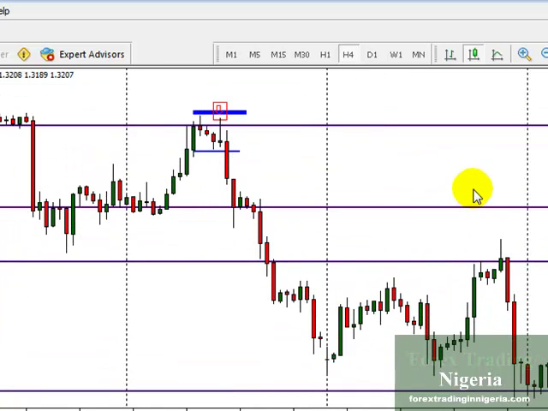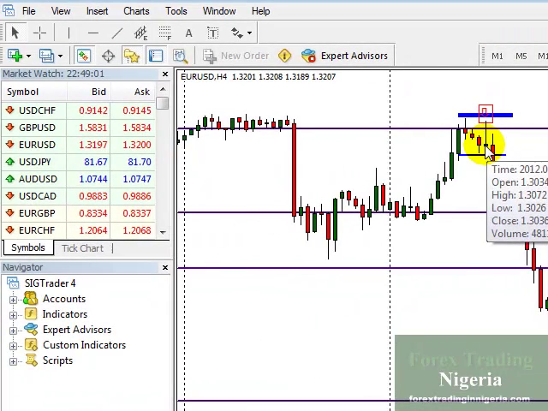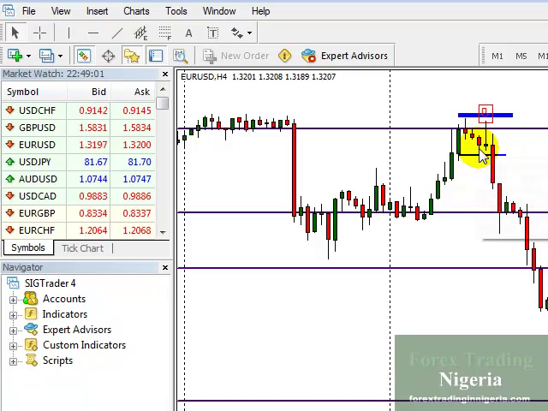And look, I want you to understand something. The body of the pin bar must be within the body of the previous bar.